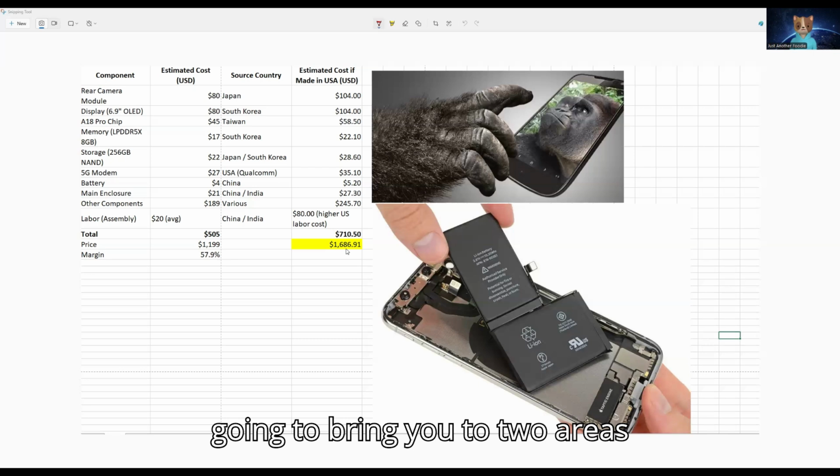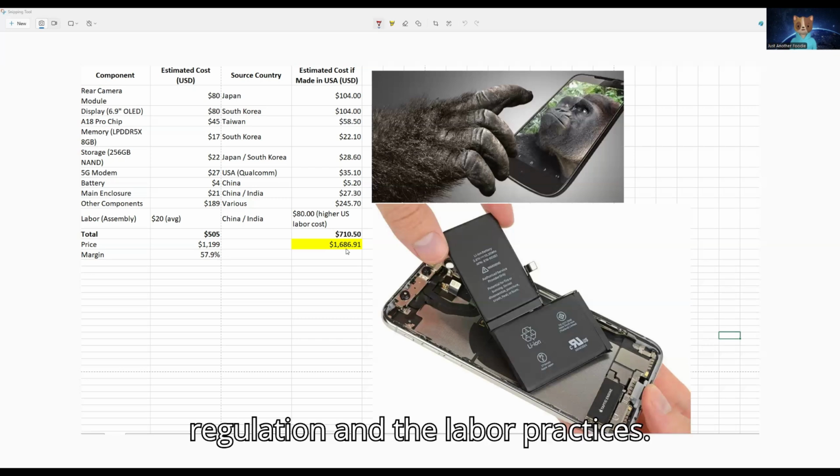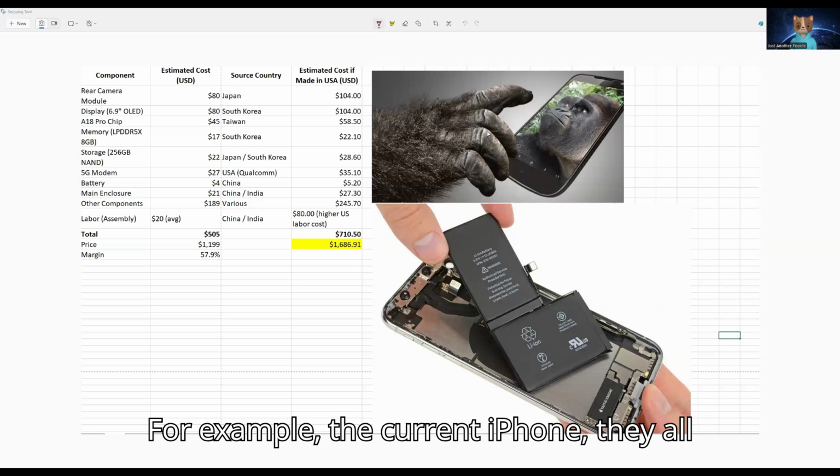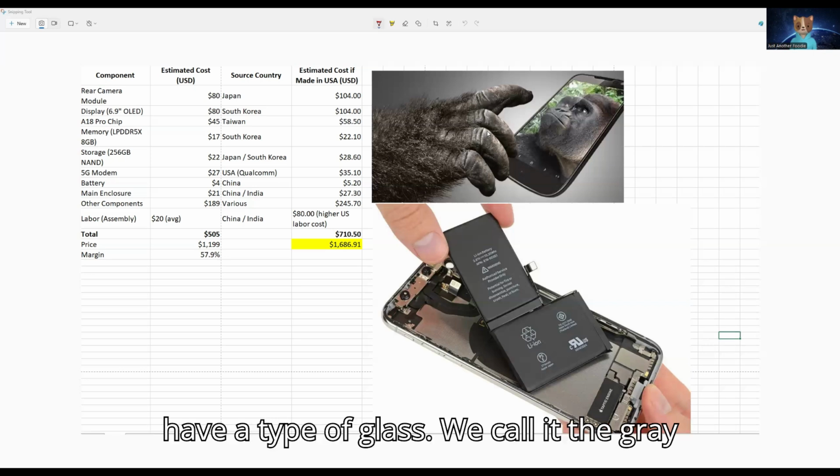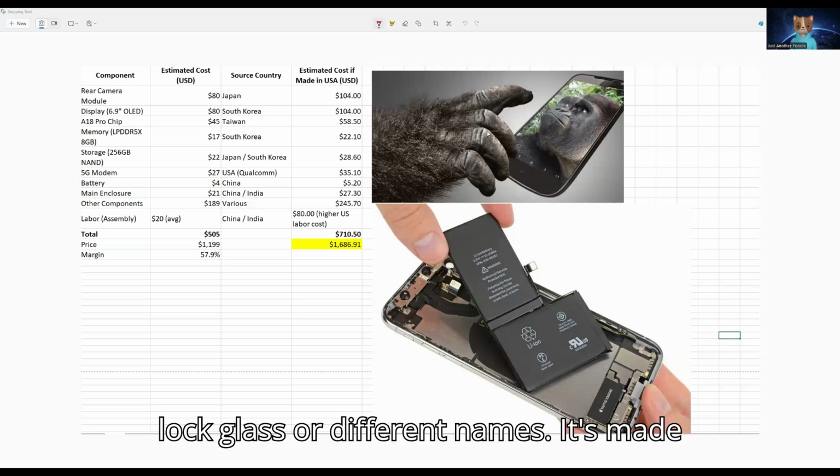And now I'm going to bring you to two areas where I know we're going to have significant hurdles in terms of regulation and labor practices. For example, the current iPhones all have a type of glass. We call it Gorilla Glass or different names. It's made by Corning.